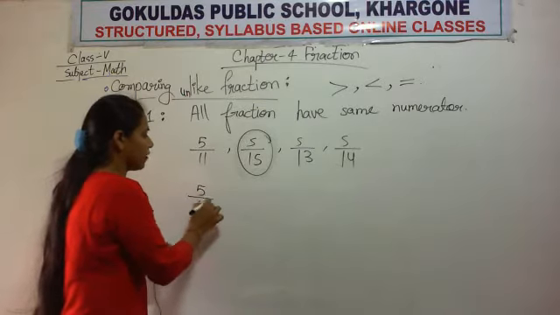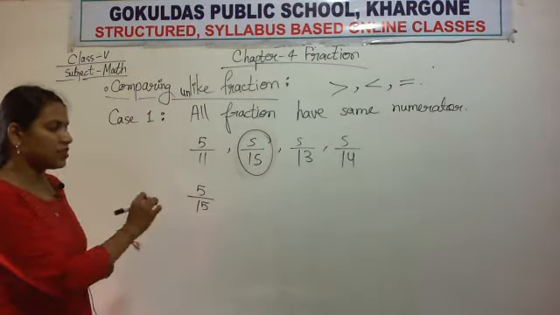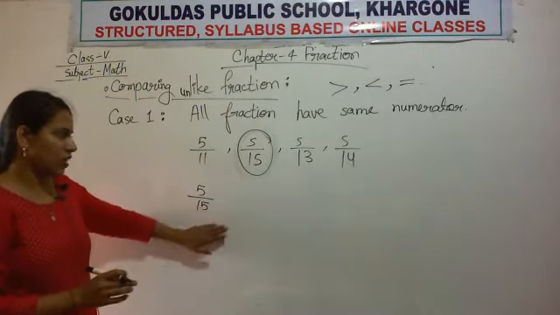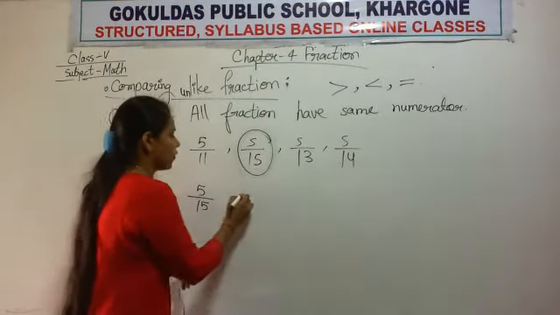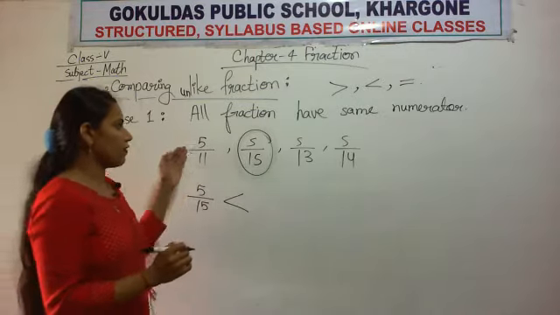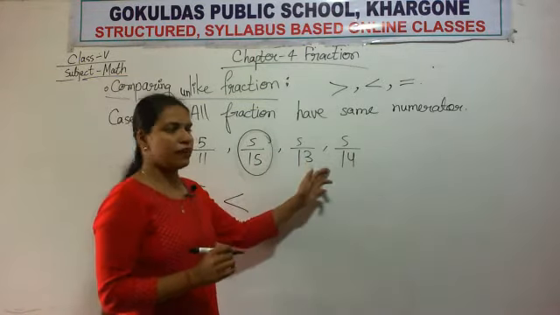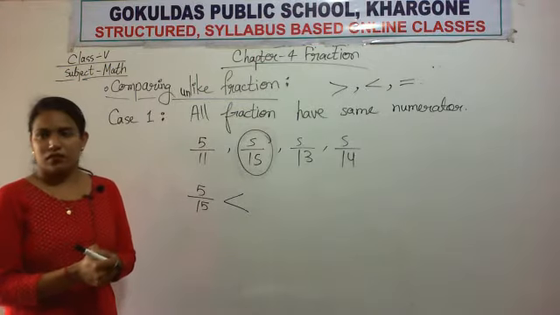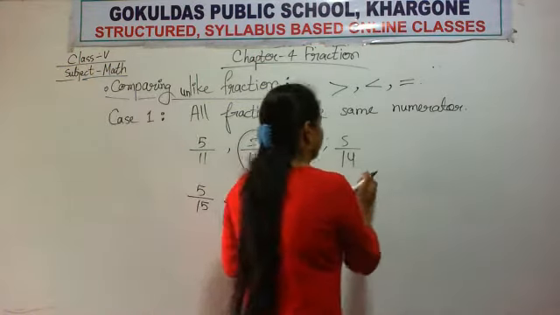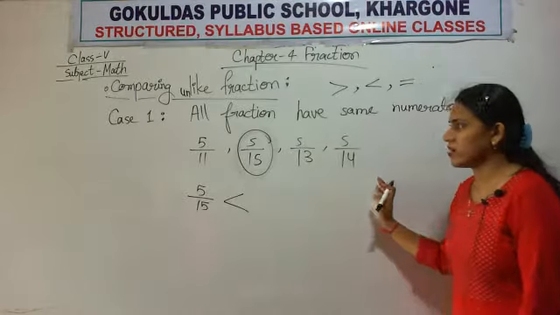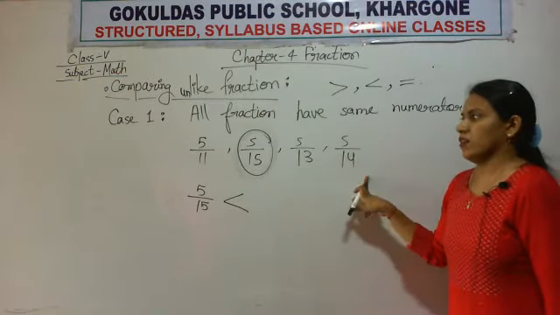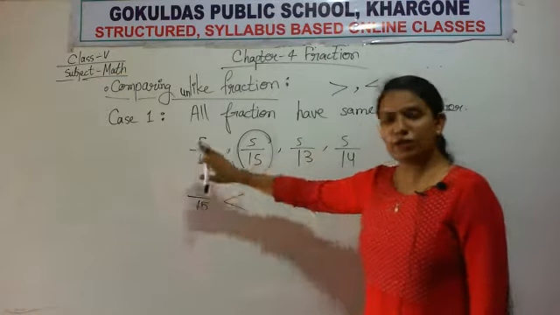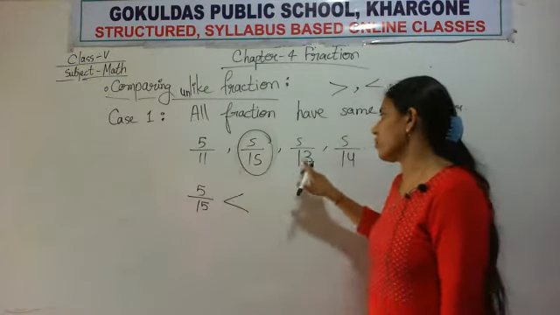If I arrange all these fractions in ascending order, the smallest fraction will come first, which is 5 upon 15. Then out of 5 upon 11, 5 upon 13 and 5 upon 14, which one is the smallest among these three? I told you to check the numerators. All the numerators are equal. Now check the denominators.